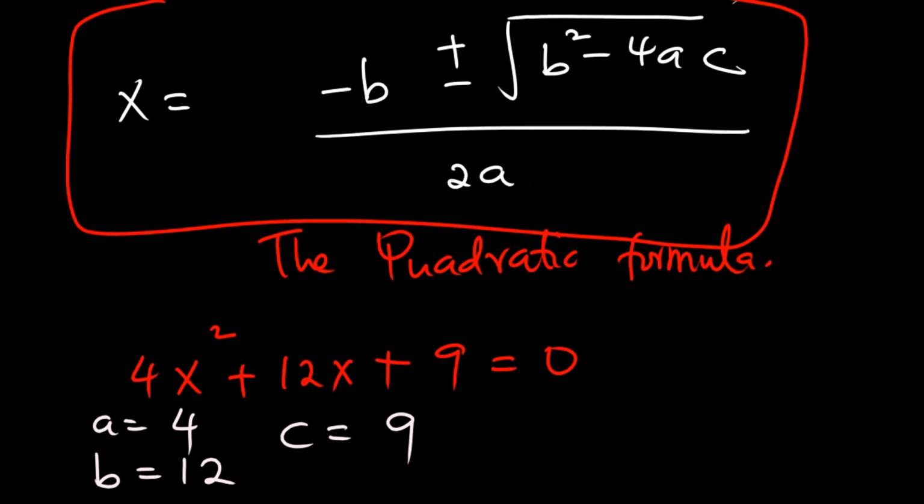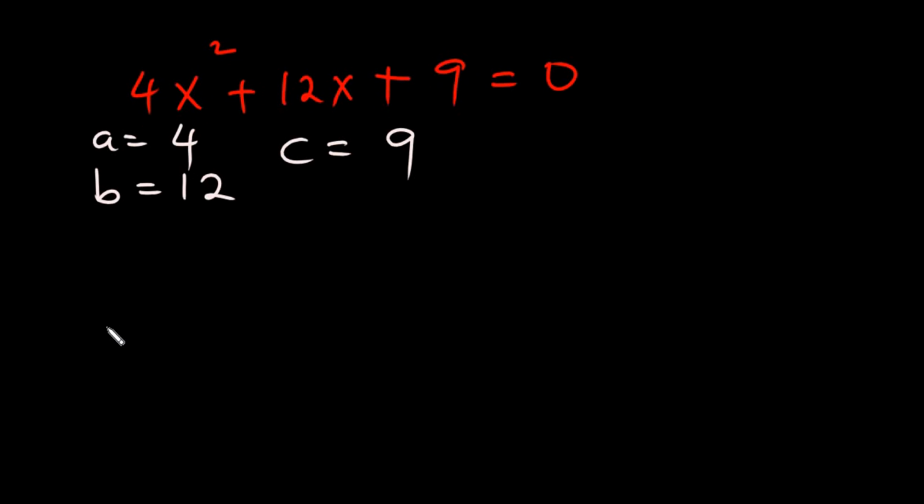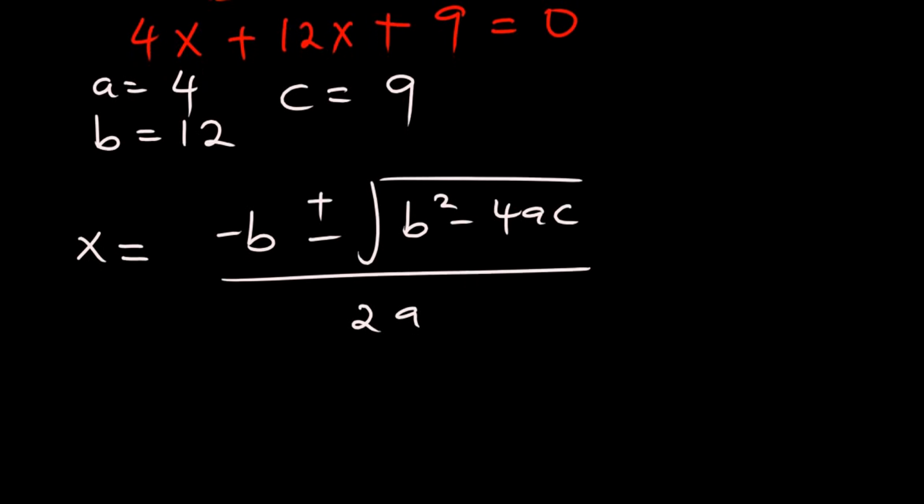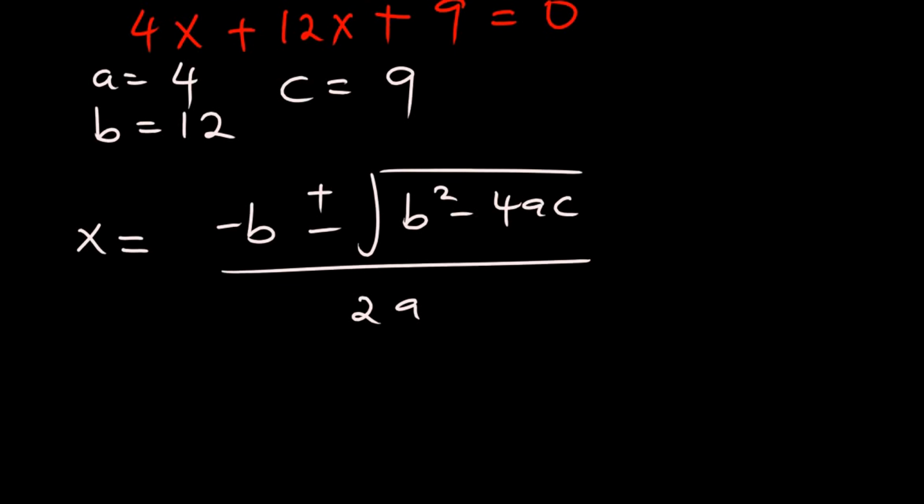Let me write it down here once again. x is equal to minus b plus or minus the square root of b squared minus 4ac, over 2a. So let's apply these values into our formula. The value of x is going to be minus b, so b is 12, then plus or minus the square root of b squared.